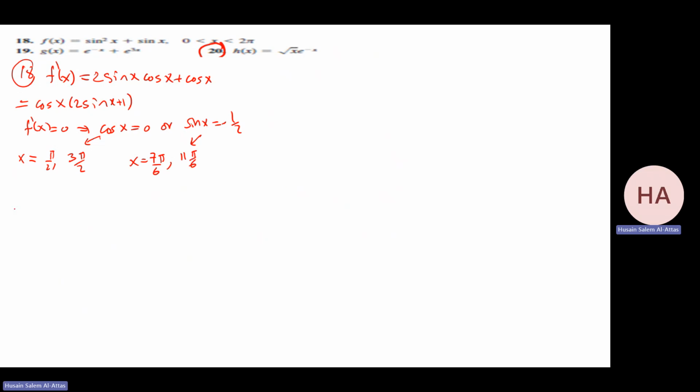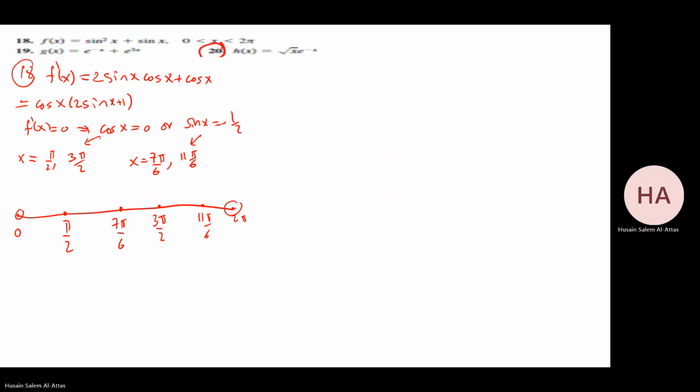Okay, let me plug the numbers in now. I have 0 and 2 pi. This is pi over 2. This is 7 pi over 6. This is 3 pi over 2. This is 11 pi over 6.